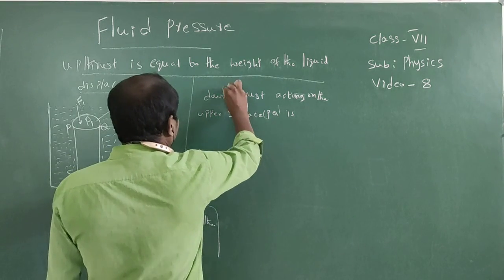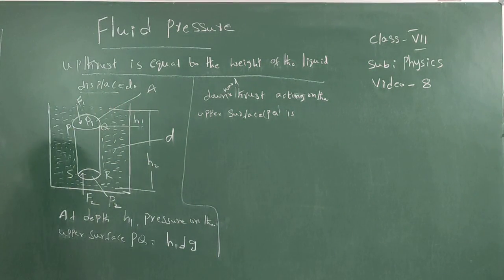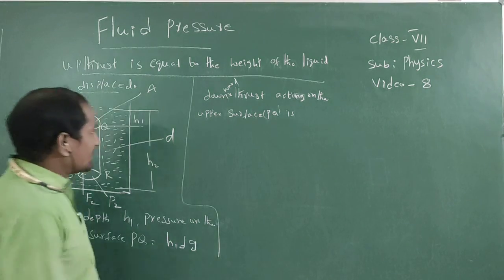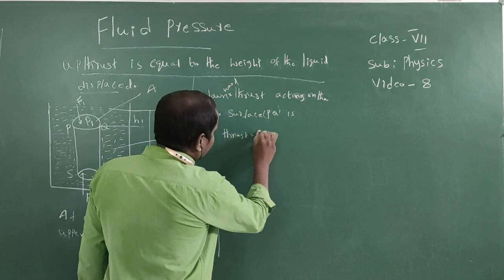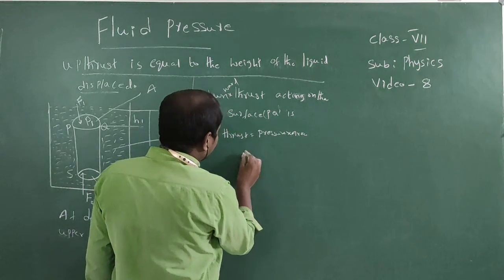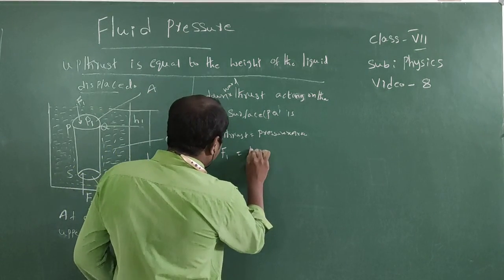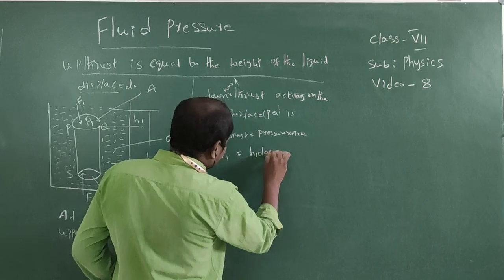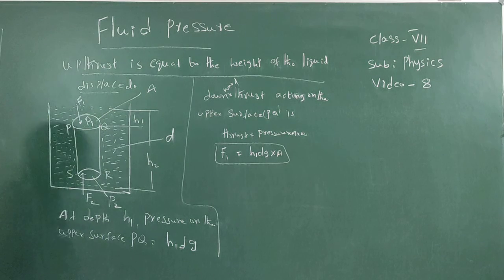We know that pressure equals thrust by area, so thrust equals pressure into area. Therefore F1 equals H1 dg into area. This is F1.